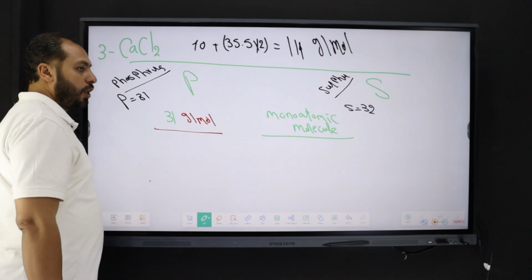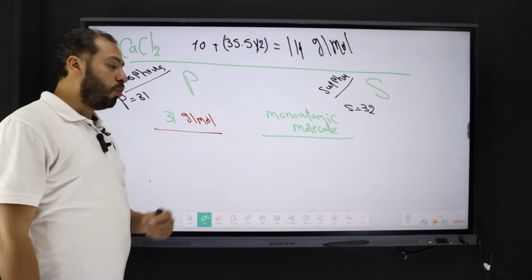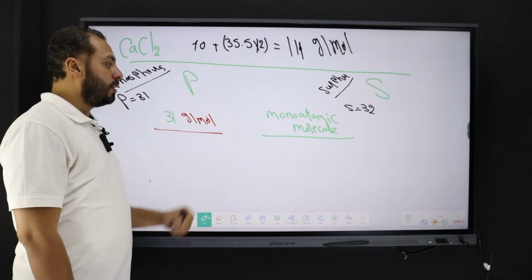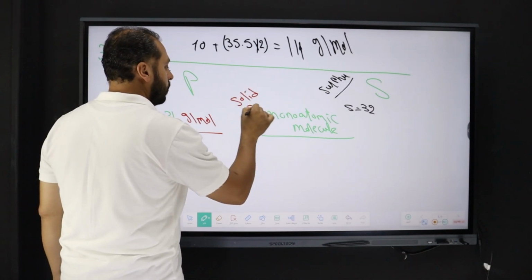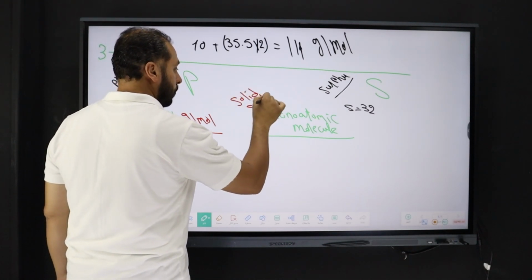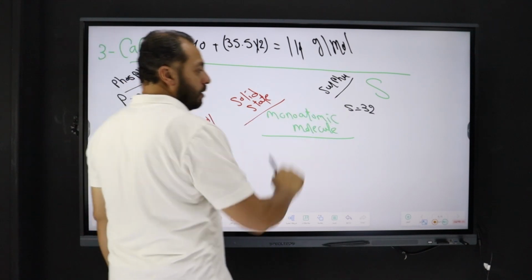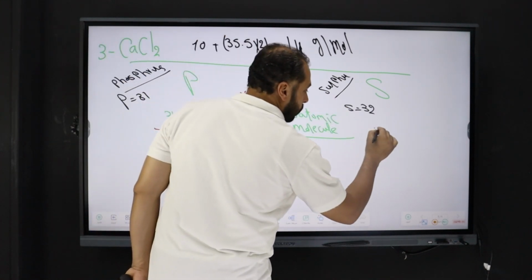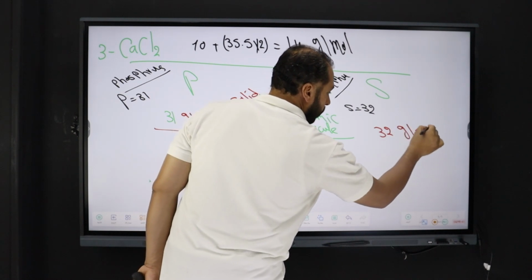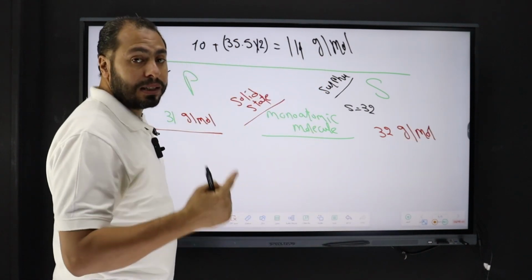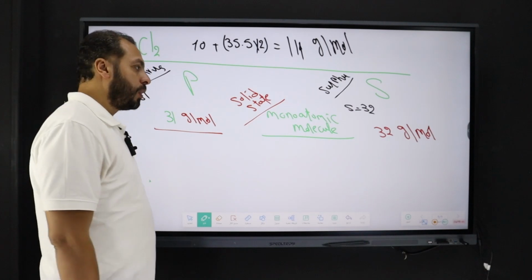This is the measuring unit of 1 mole of phosphorus in solid state. So this is in solid state. In case of sulfur, also we have 32 gram per mole because it's a monoatomic molecule.